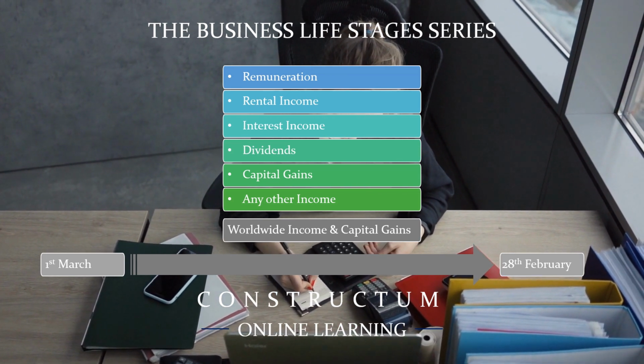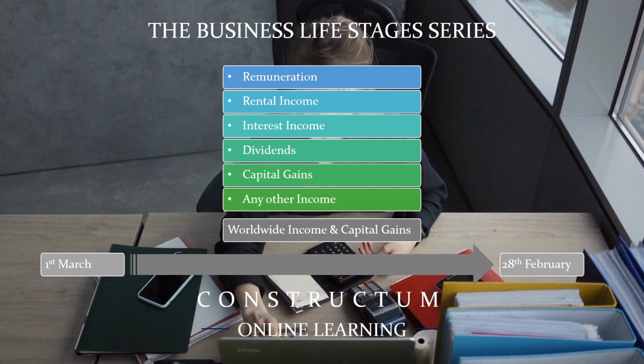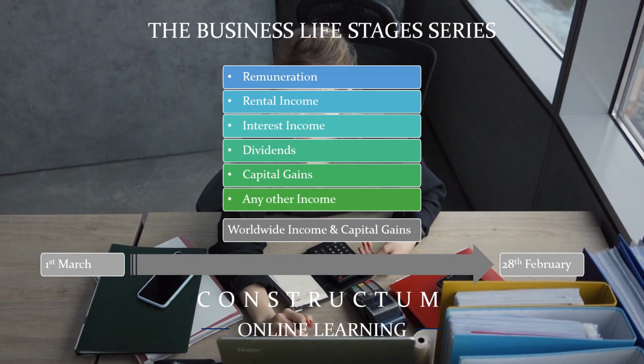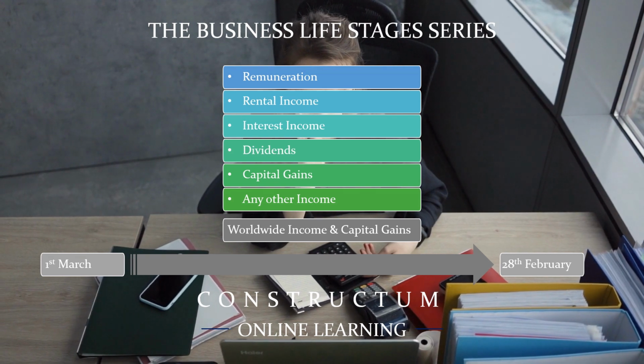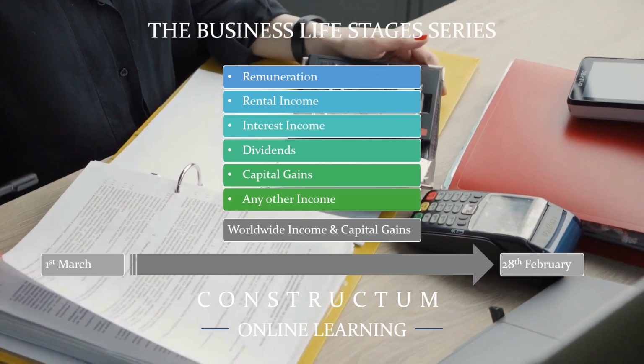Then there's interest on any money market investment or savings account. Dividends from owning an interest in a company. Later on in the series, I will talk about dividends withholding tax, but for now, just understand that dividends are also a form of income.